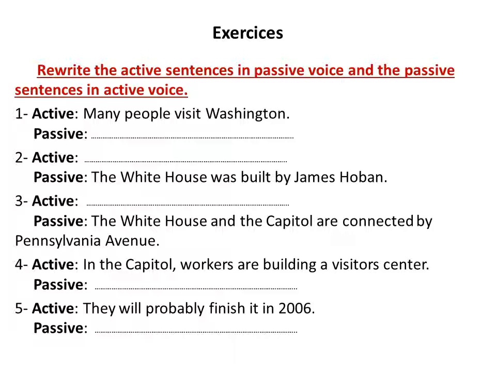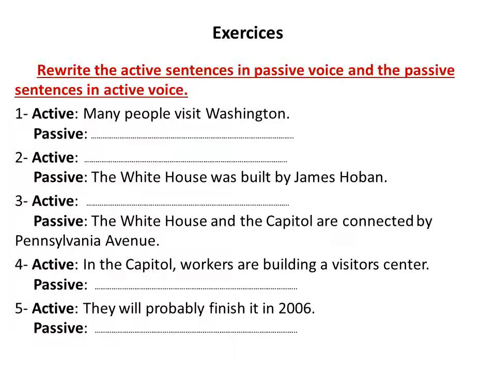Number 3. Here is a passive sentence. The White House and the Capitol are connected by Pennsylvania Avenue. Pennsylvania Avenue connects the White House and the Capitol.